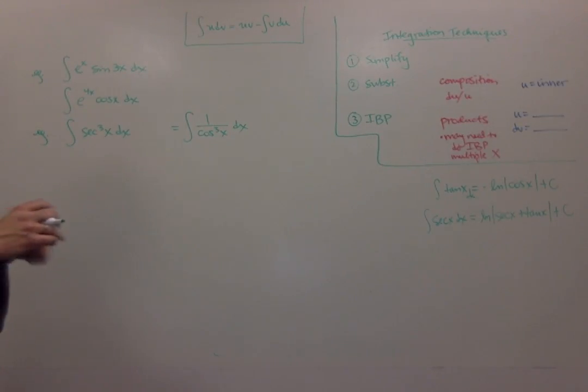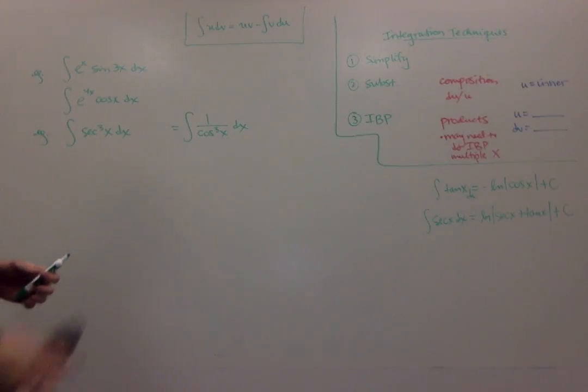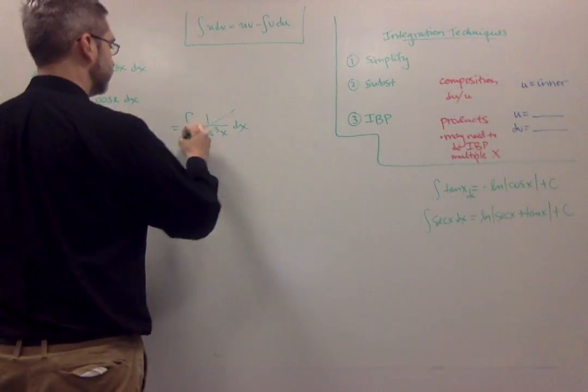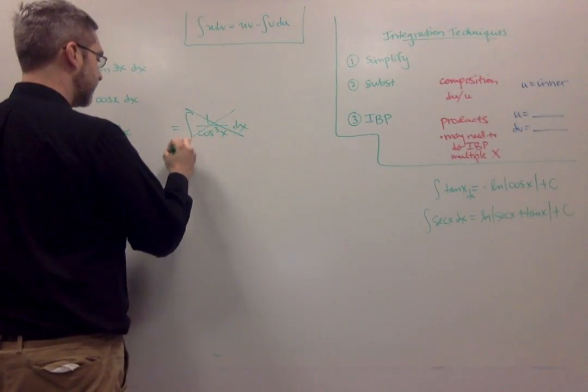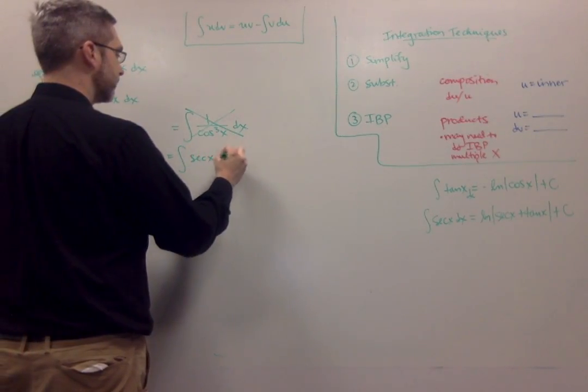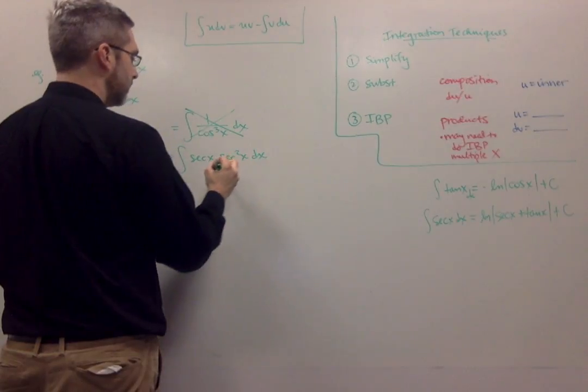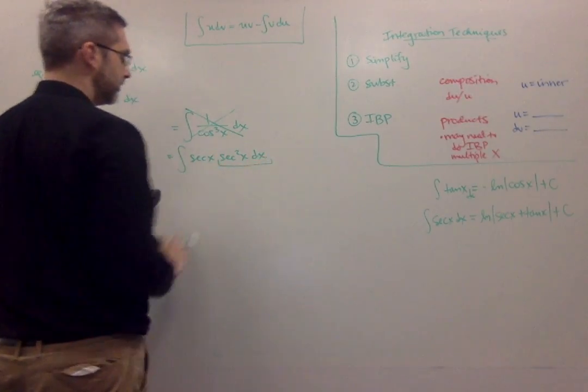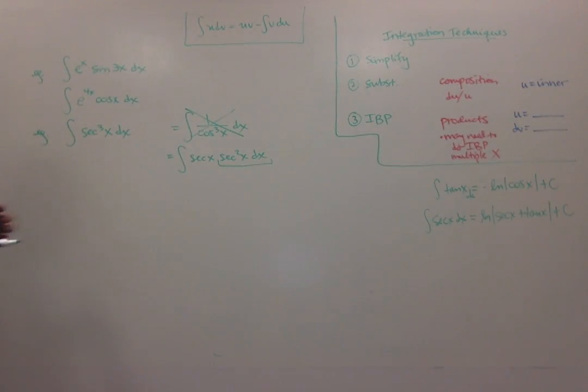So that's out. Another thing that I might think about doing is, if I'm looking for a du, notice that secant squared is something that I can integrate. Secant squared is the derivative of tangent.